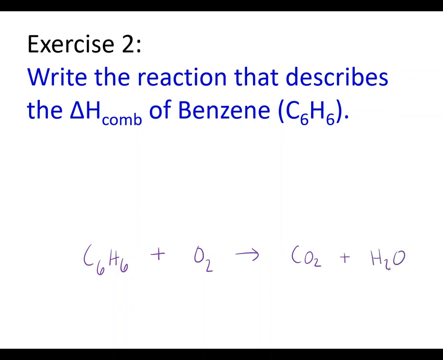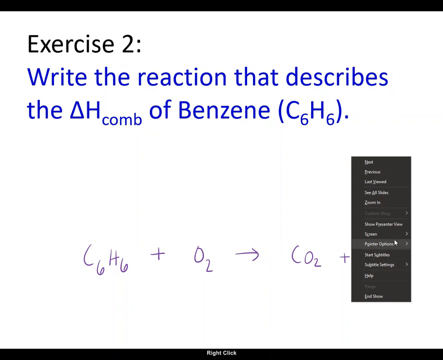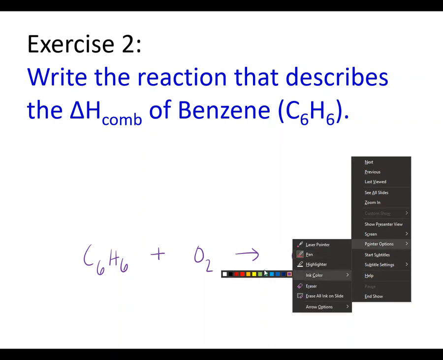Now, if we had an incomplete combustion, you would probably get some carbon monoxide in there, but we're assuming complete combustion and that there is enough available oxygen to make sure everything turns into carbon dioxide and not carbon monoxide. So, looking here, for balancing purposes, do we need to do anything for carbon?